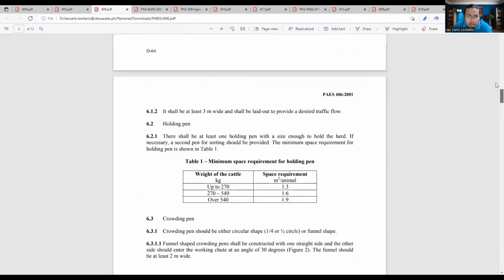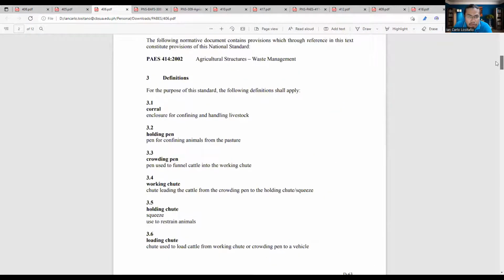So you have here the definition of the terms now. The holding pen is to confine the animals from the pasture, and the crowding pen is to funnel the cattle into the working chute.